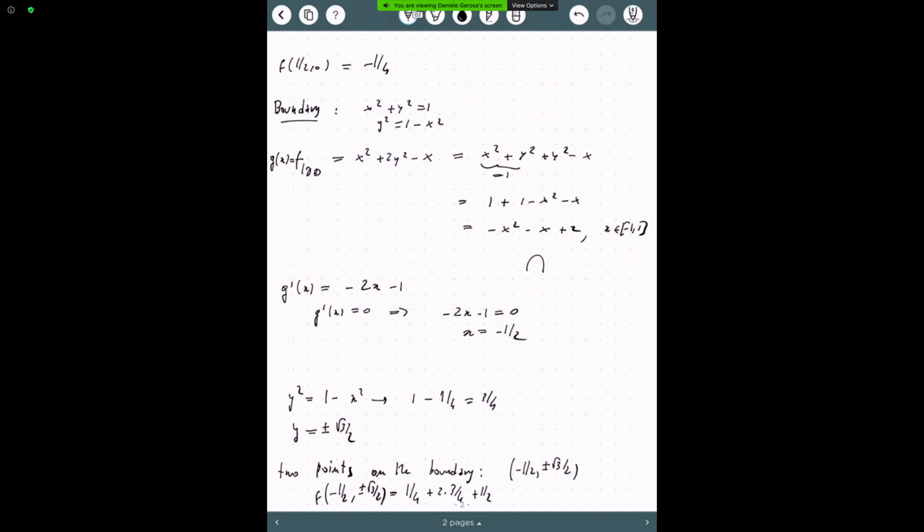So we get, this is 2, this is 1. We get 2 plus 1/4, that's going to be 9 divided by 4. Is this correct? Yeah. So it looks like that.